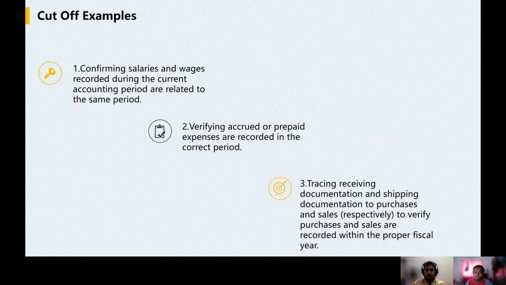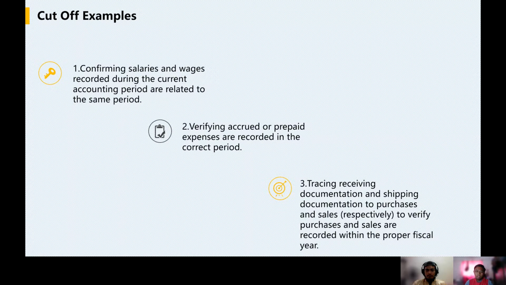The first example means confirming salaries and wages recorded. We must make sure the date of salaries and wages that are recorded in the financial statement is the same as the accounting period of that company. The second example is verifying accrued or prepaid expenses are recorded in the correct period.